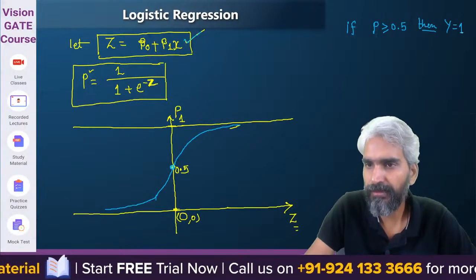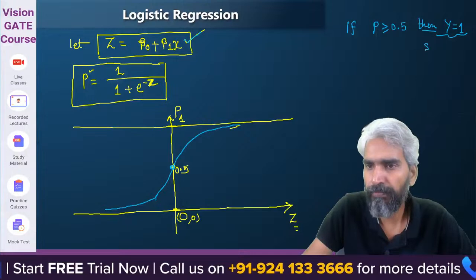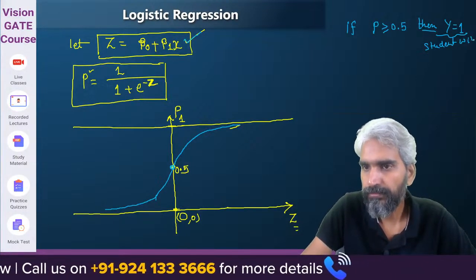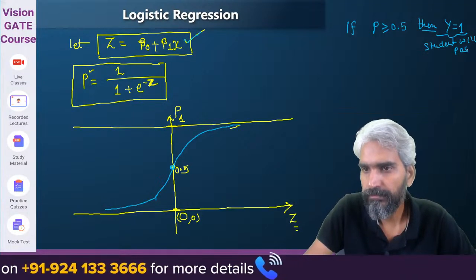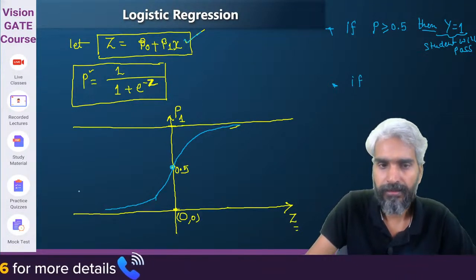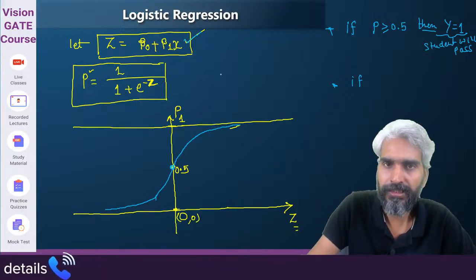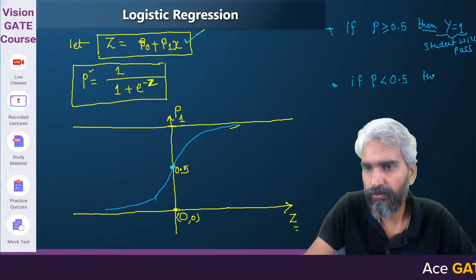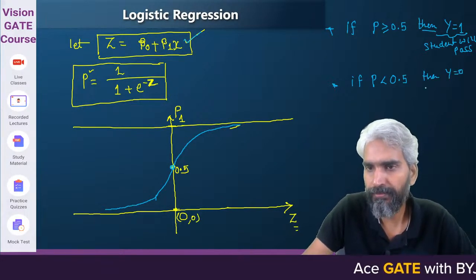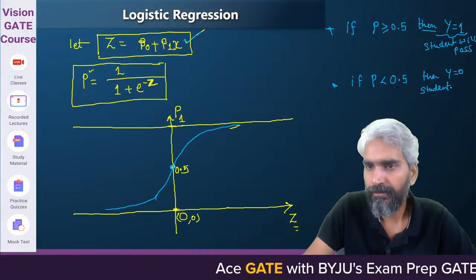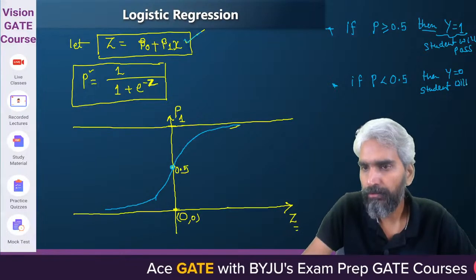What does it mean? That is, the student will pass. If P is less than 0.5, then Y equals 0. That means the student will fail. So that's what we are trying to model now.